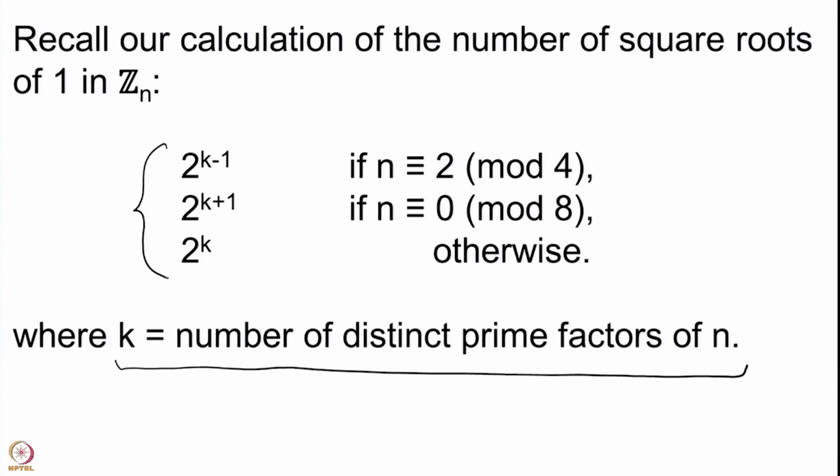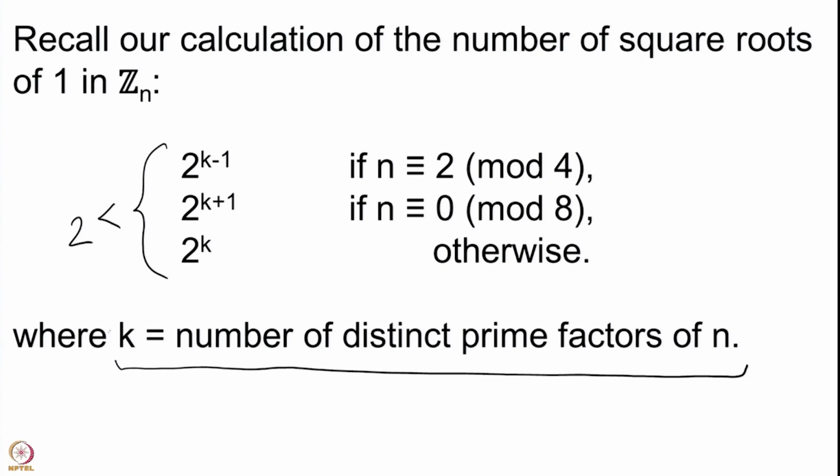Now, whenever these numbers are more than 2, then our UN cannot be a cyclic group. So, here we want to look at these to be more than 2. That is the thing that we have to find.